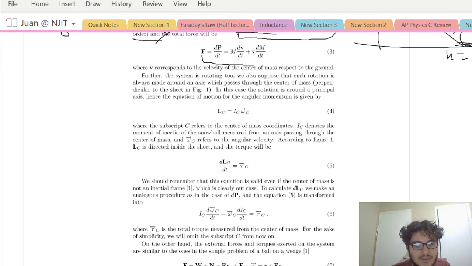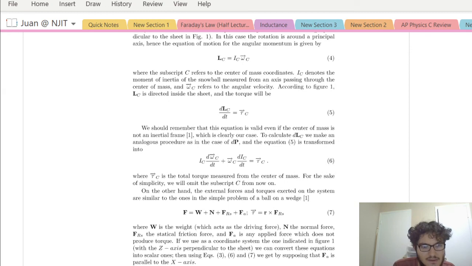So they say that Ic d omega dt plus omega dIc dt equals tau. They're saying that the moment of inertia is not constant, that it is changing. And I guess that makes sense, because the mass is changing.